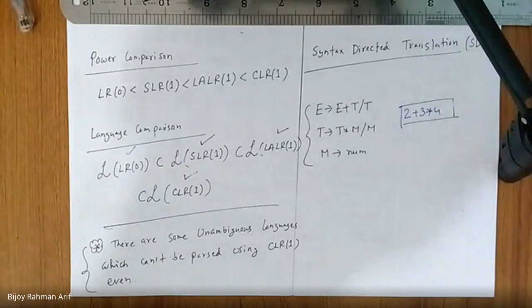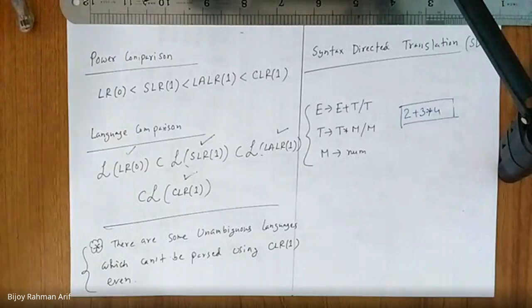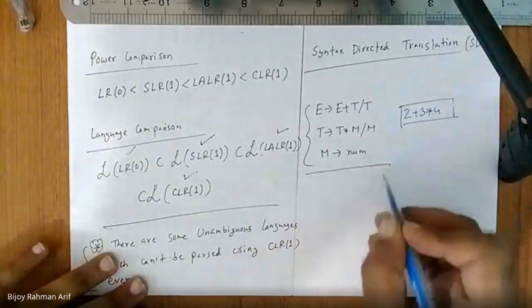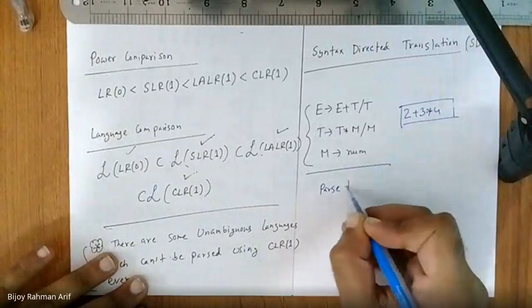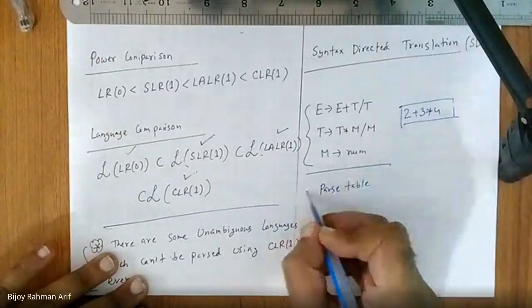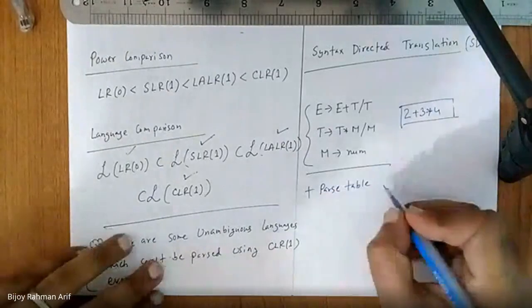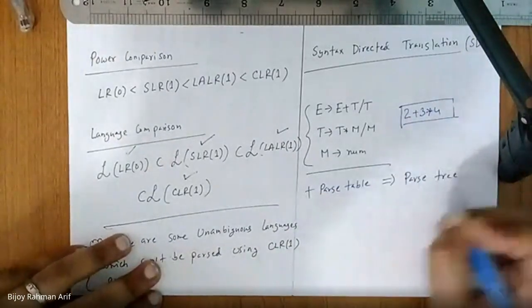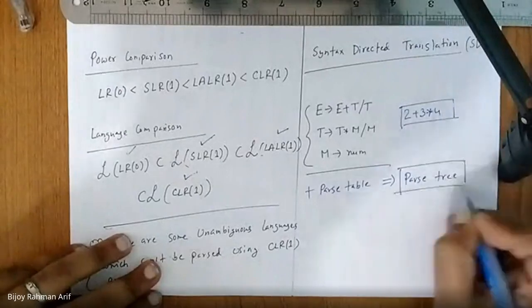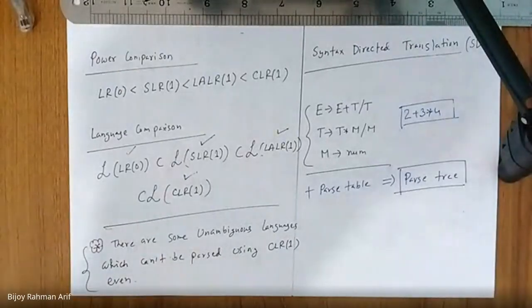If you have this grammar and parse table, what can you generate? You can generate a parse tree. But using the parse tree, can you compute this? How can you compute? Tell me.